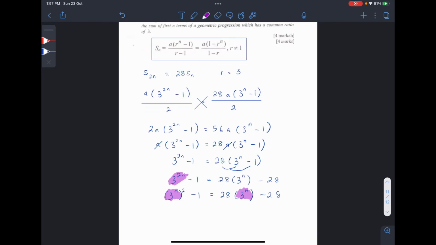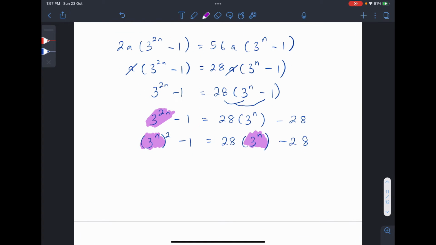Everything's okay. Now that we've got 3^n on the left and right side, the easiest way to solve this, guys, is to say 3^n is something. So we're going to let 3^n be y.